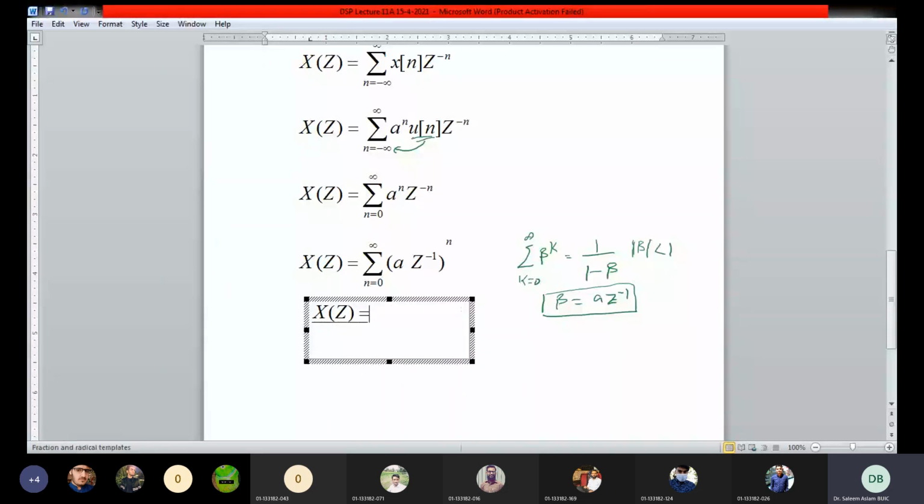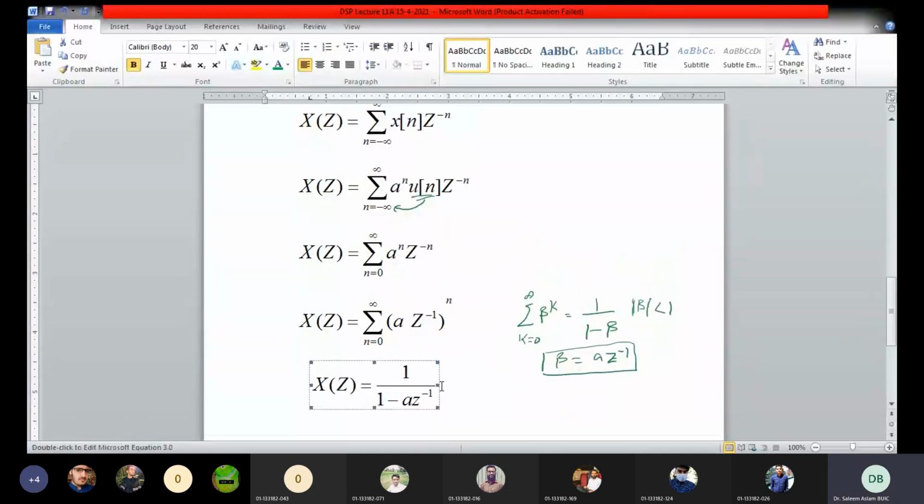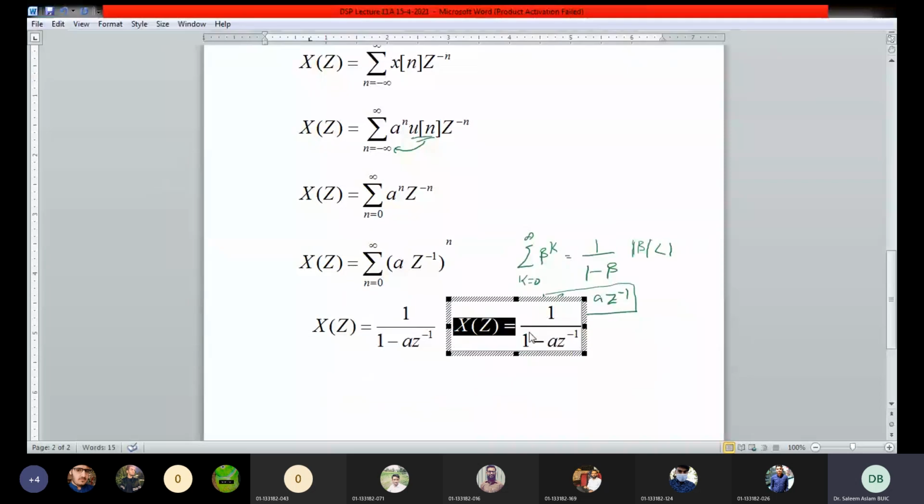So this will be equal to 1 over 1 minus a z inverse, and let me put the condition. Next I need to put the condition: the magnitude of a z inverse should be less than 1.